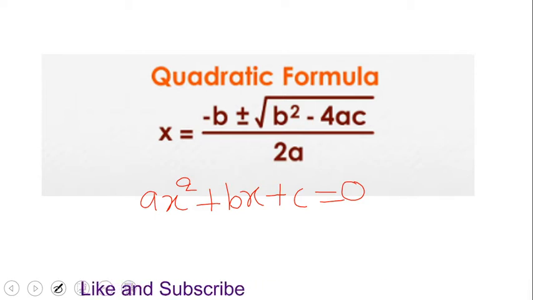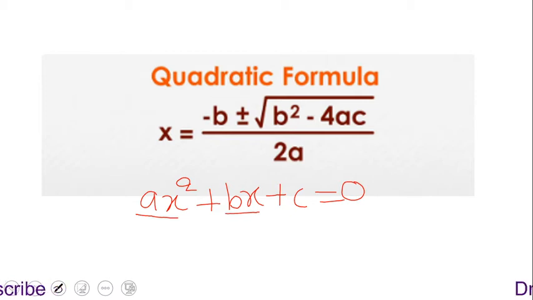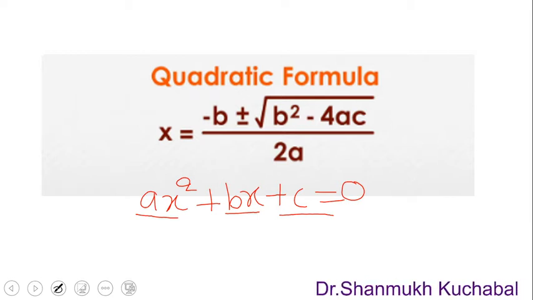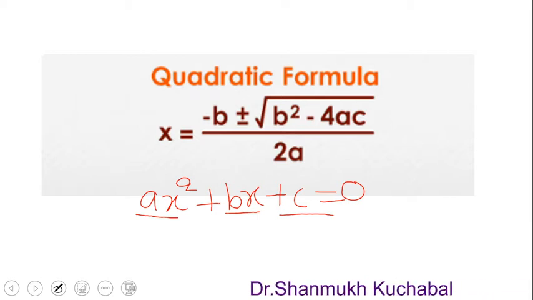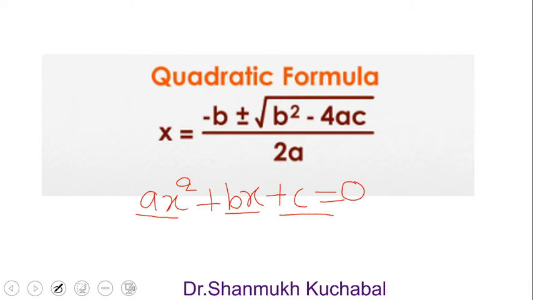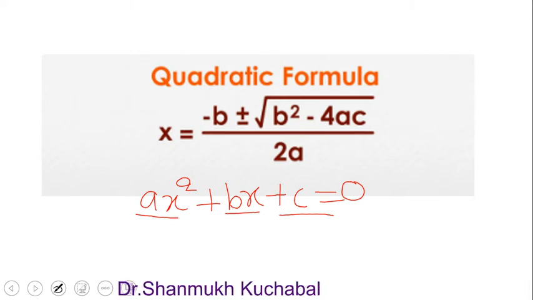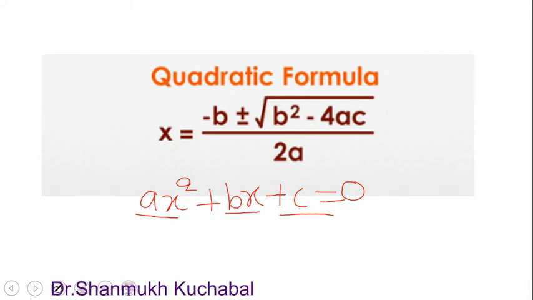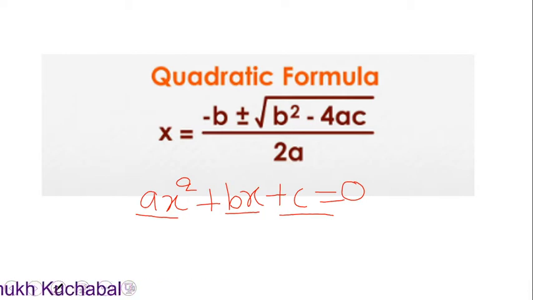Here a is the x square coefficient, b is the x coefficient and c is the constant. Using the formula x equal to minus b plus or minus under the square root of b square minus 4ac divided by 2a, we have to find it.